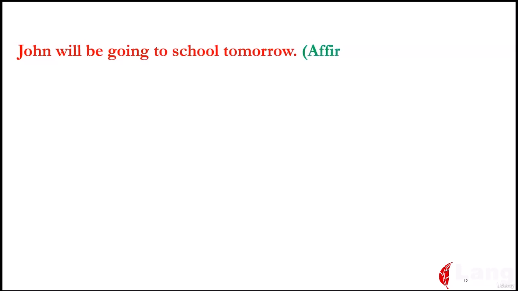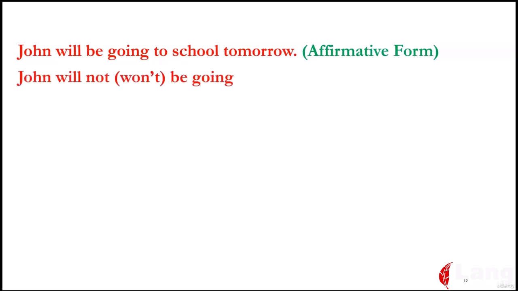Examples: John will be going to school tomorrow. This is the affirmative form. The negative form is John will not be going to school tomorrow.